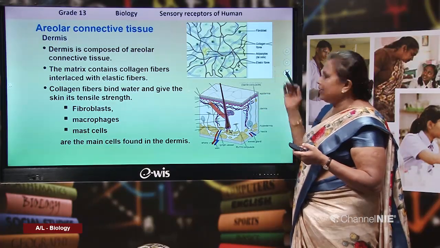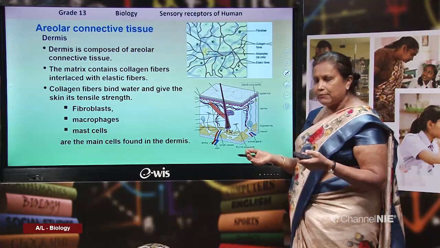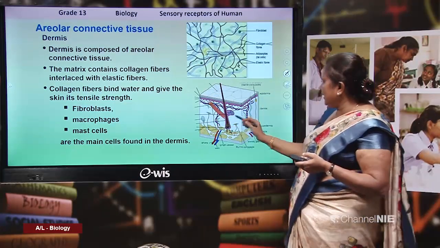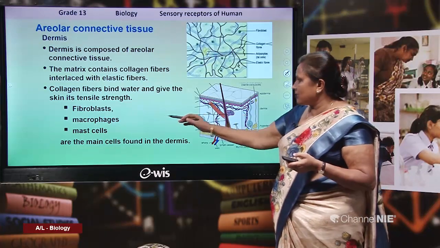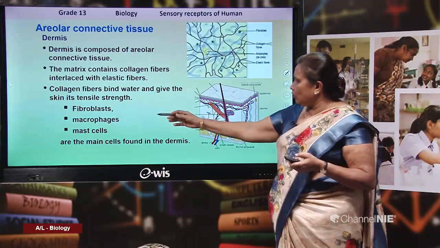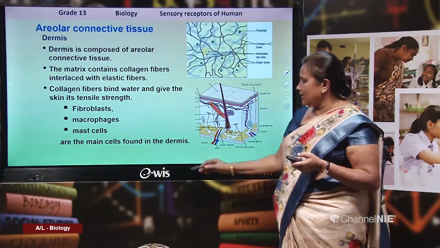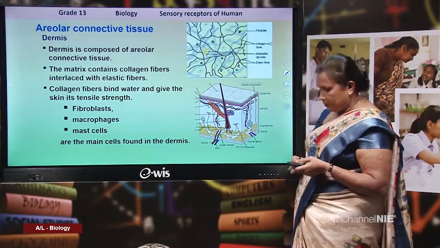Cells actually secrete collagen and also elastin, and other substances. There are three different types of cells present in this region: fibroblasts, macrophages, and mast cells, which you study under the animal tissues.